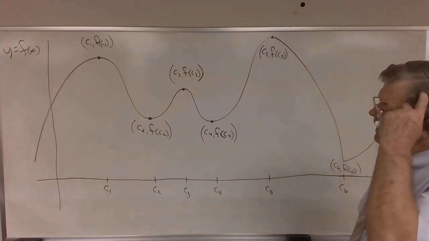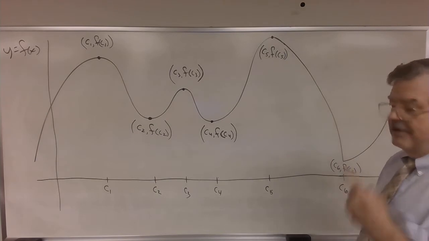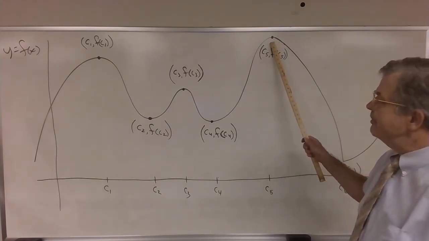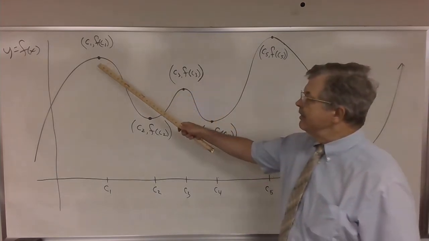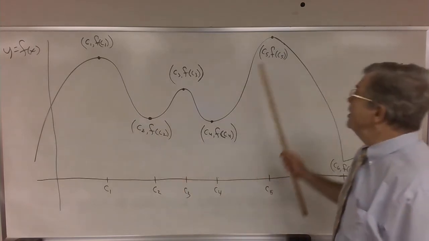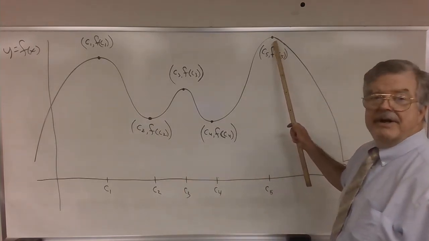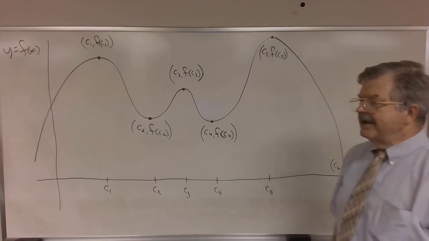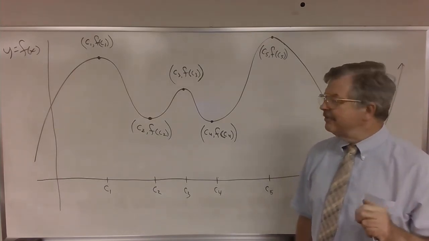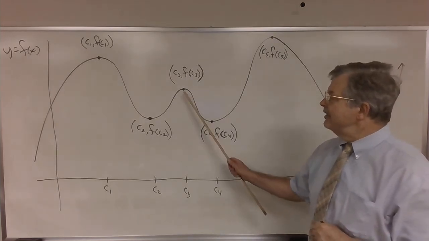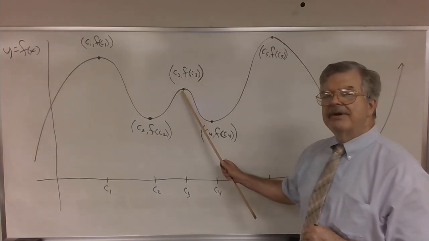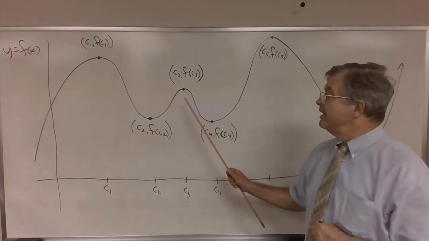Now, we might have a problem with this. Somebody might say, well, this point is higher on the graph than this one or this one. So why are these two relative maximums when this is the highest point on the graph? Here's the answer. When we say relative maximum, we're saying that this is a maximum relative to all of the points in the immediate vicinity.